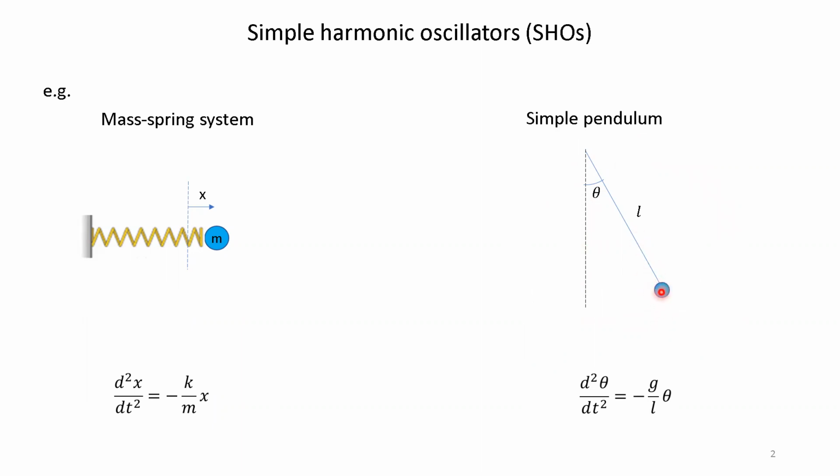So this particle here will swing left and right like this. And that angular displacement as a function of time is governed by this equation of motion. Mathematically, you know the solutions of this or this equation.